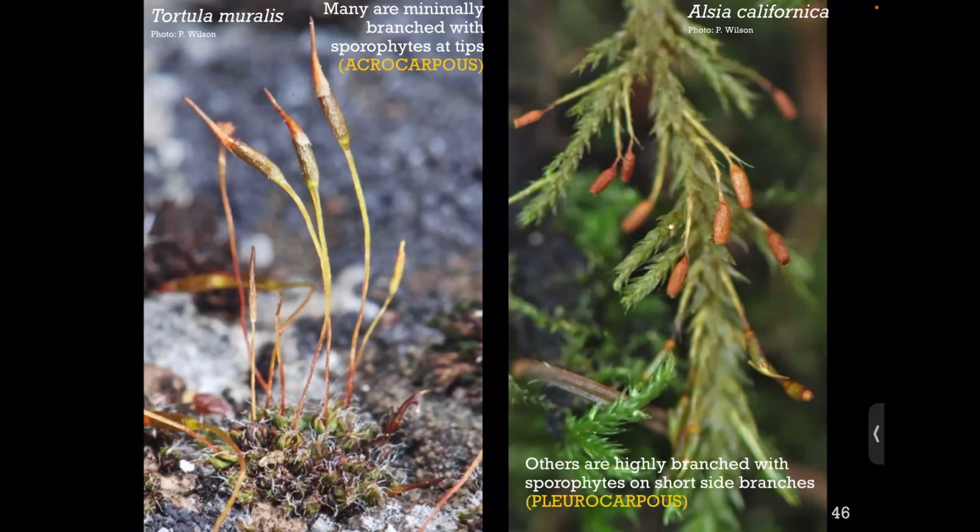That is, they have their sporophytes borne at the tips of their growing shoots, which at least temporarily uses up that growing shoot. And so that shoot can't branch until it's kind of done reproducing. And then it can make an innovation, which is a branch that grows on the side. Whereas the pleurocarpy can keep on branching as they're producing sporophytes.